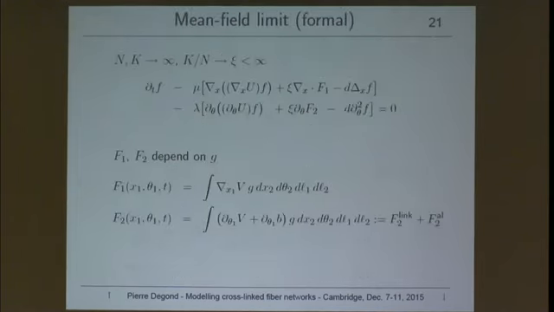All right, so this is formal at this level, and I really don't know if it's doable to do a rigorous thing because of this crosslink empirical measure.